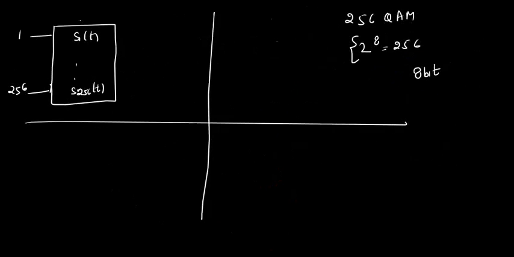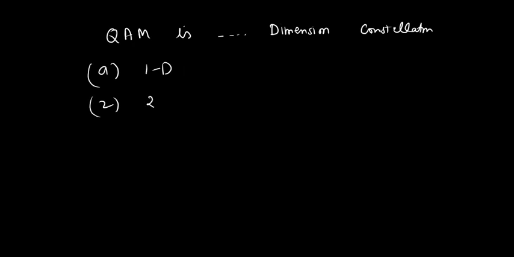Okay. So, QAM is a dash dimensional constellation. What is the answer? 1D, 2D, 3D, none of the above.